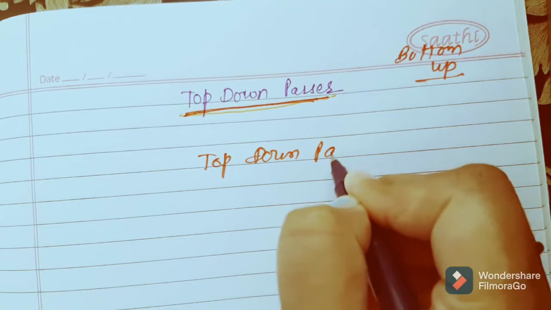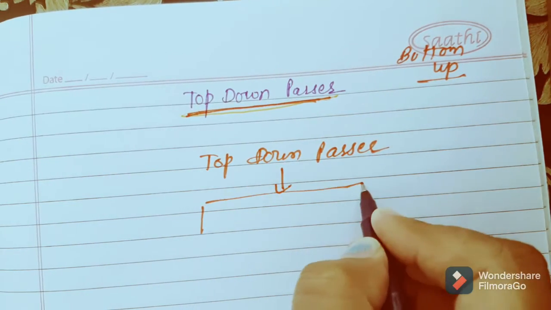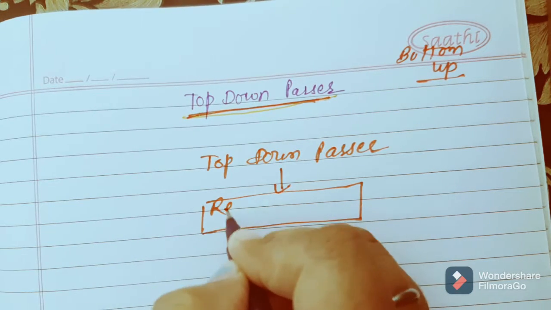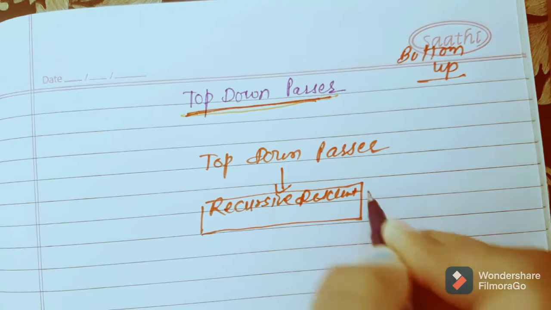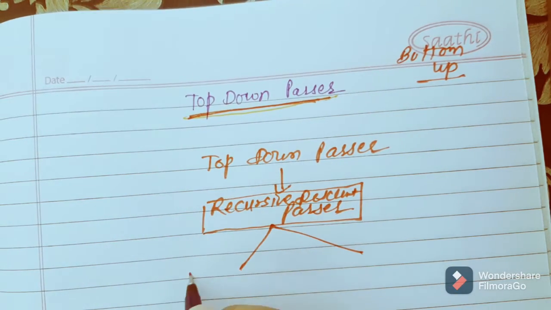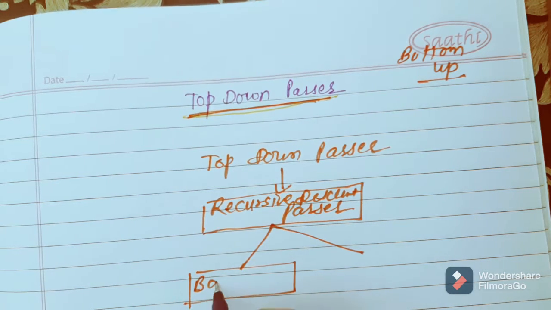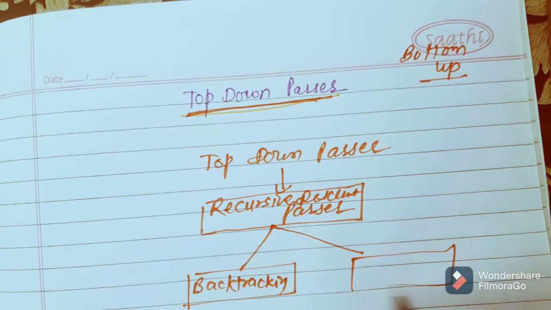Top-down parser is divided on the basis of first recursive descent parser, and after that two things come. One is backtracking and second one is non-backtracking type.